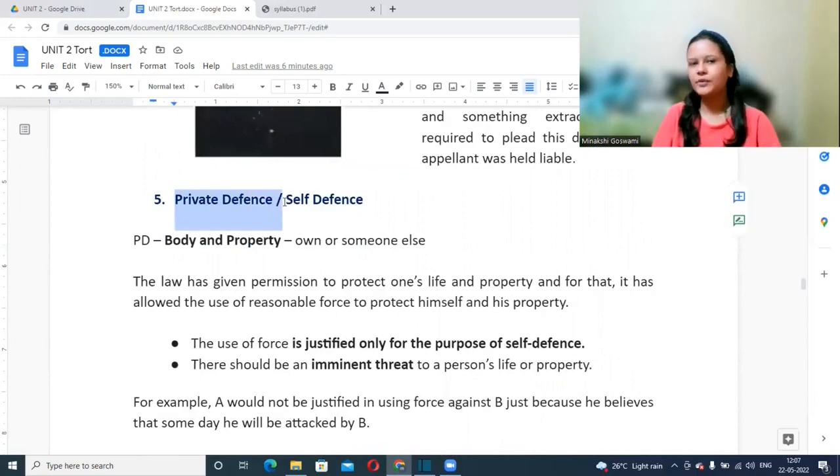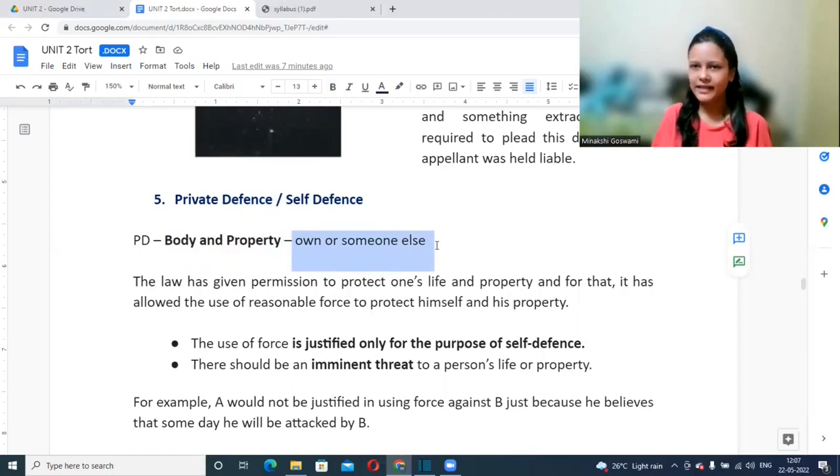So it is nothing but private defense or self-defense. Even though we use the word private or self, which means our own self, private defense or self-defense is not just applicable for our own body and property, but also for someone else's body and property.